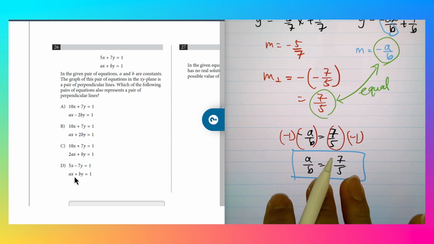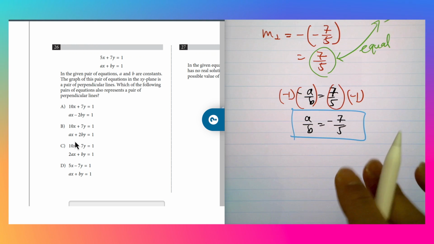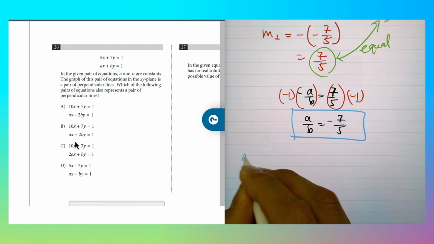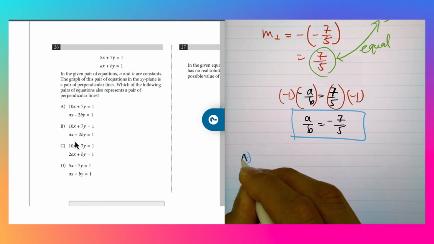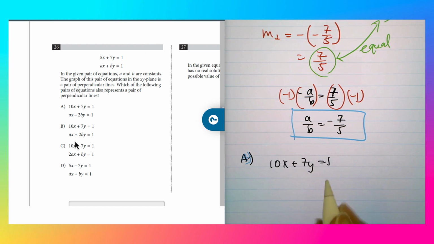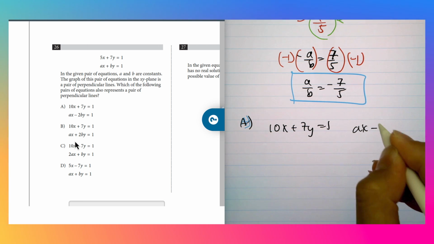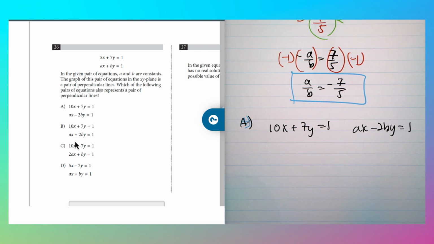We're going to use this relationship in one of our equations by plugging in and see the negative reciprocal relationship in their slope. So starting with choice A, we have 10x plus 7y is equal to 1, and ax minus 2by is equal to 1.